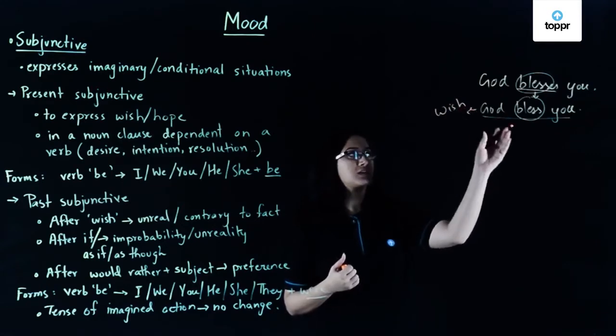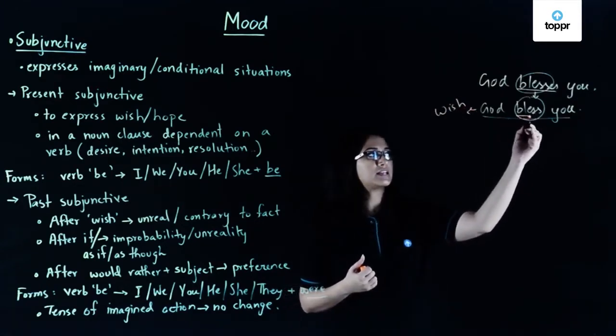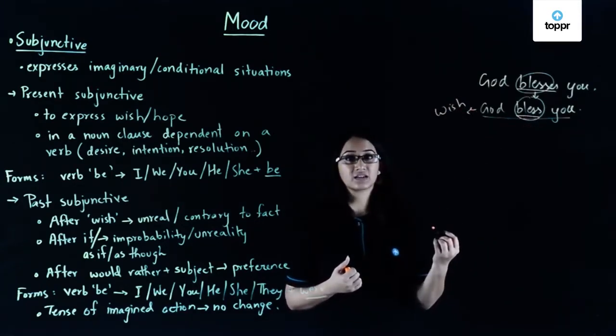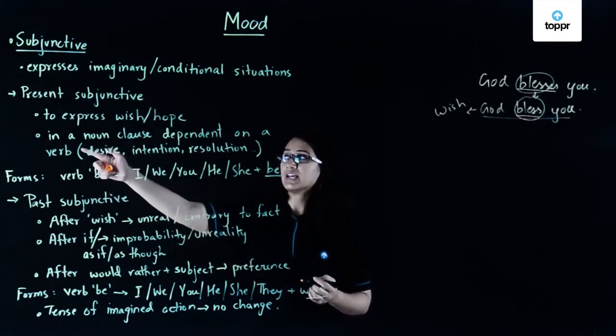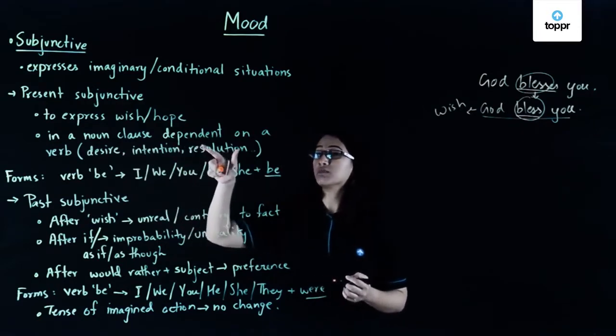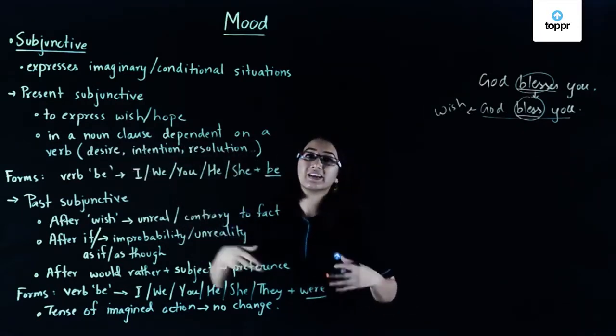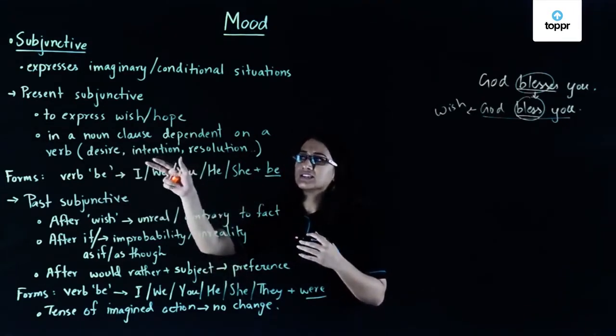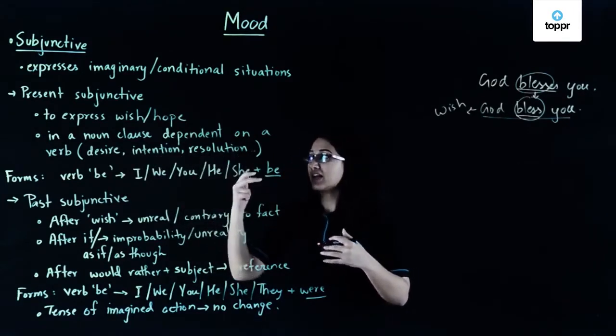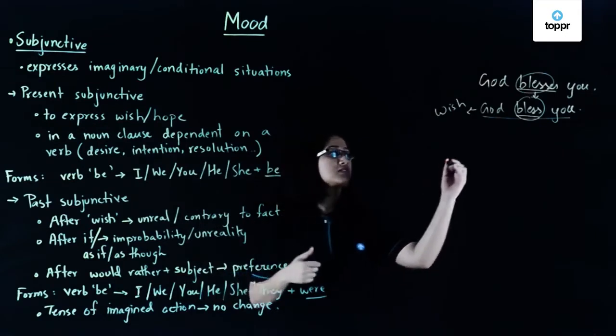We are wishing for something, God bless you. And here we're using the present subjunctive mood of the verb bless. Now we could also use it in a noun clause, which is dependent on a verb that expresses something like desire, suggestion, intention, or resolution. Let's take an example to understand this.